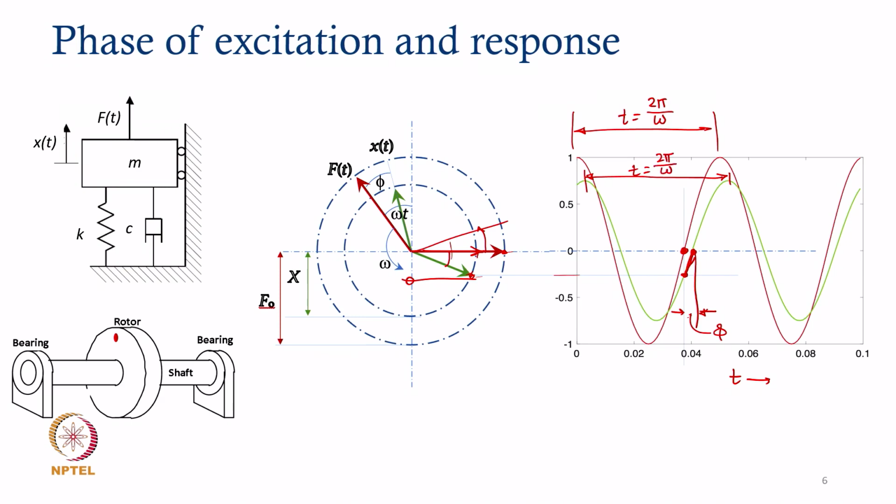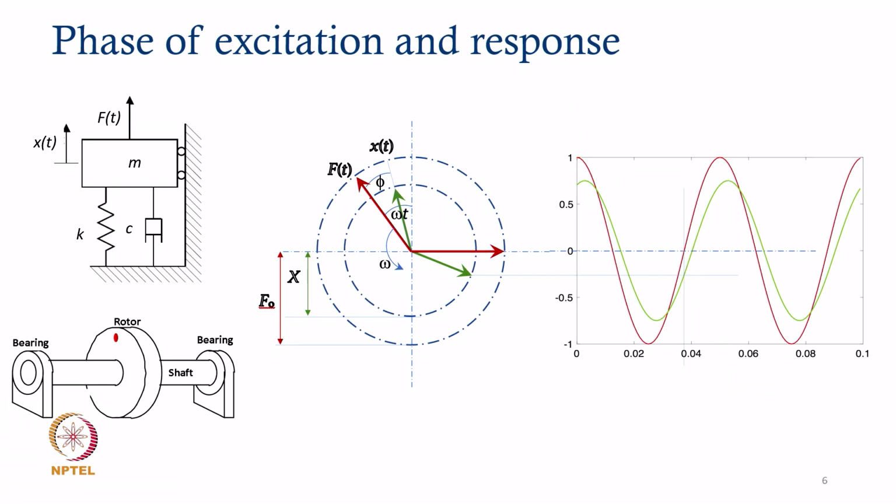Okay. So, 2 pi by omega is basically the same time period of repetition as the period of repetition for the force vector. Okay. So, this basically gives you an idea as to what the phase between the force and the response looks like.